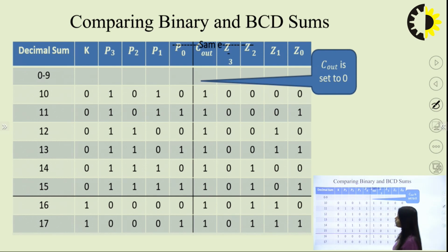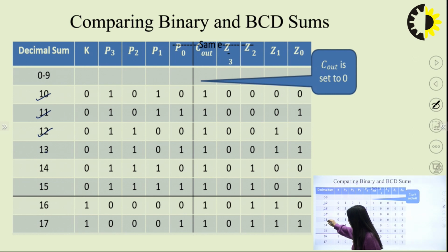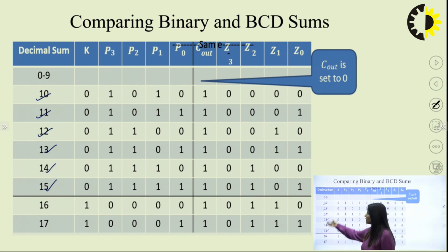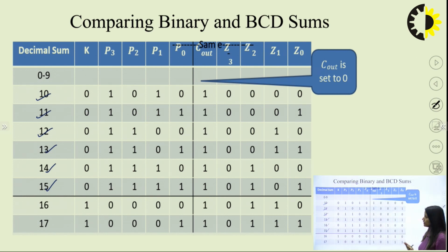If the sum output is 10, 11, 12, 13, 14, 15, okay, these are valid numbers. 16, 17, 18 we have added, but one more number we can write is 18. No issues, no problem, we can write it, but let us consider from the valid BCD only from 10 to 15, right?